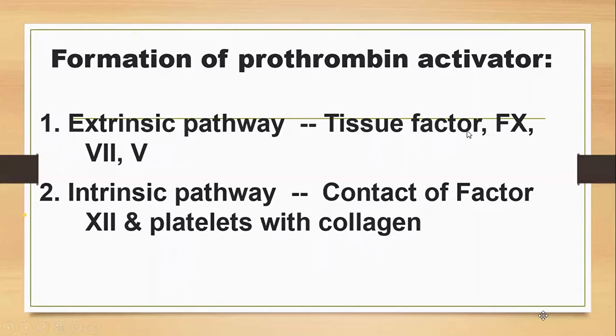In the extrinsic pathway, you involve tissue factor. This tissue factor comes from the injured tissue or injured blood vessel, which releases it. Then factor 10, so Fx is factor 10, then factor 7, factor 5. While the intrinsic pathway involves contact of factor 12 and the platelets with collagen.